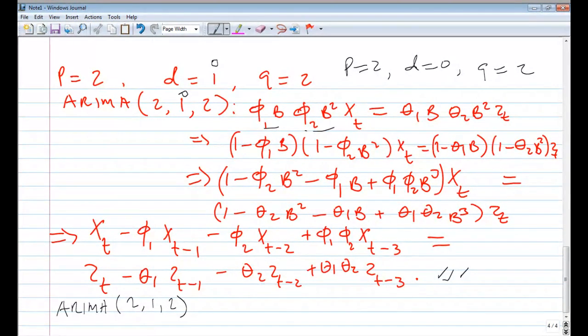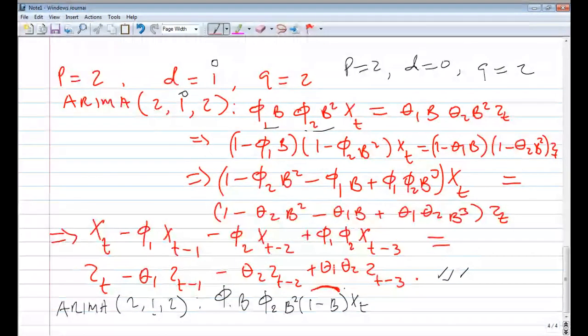Now, if it's ARIMA 2,1,2, you're going to have again parameters 1 minus phi 1 B minus phi 2 B squared. But we have a differencing which is 1, so you're going to have 1 minus B to the power 1, or we can just leave it as it is, then X_t. So we forgot to include that 1 minus B, and no one noticed that. So we forgot to include this before.